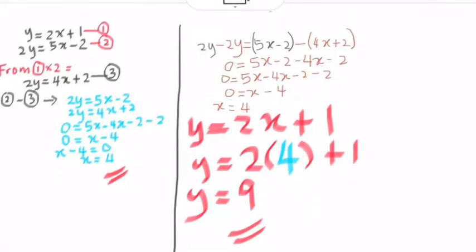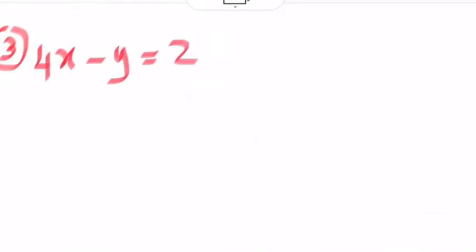But in some cases you have to plus. Let's see, when do we have to do the addition in order to eliminate the variable? For example, this is example number 3. If we have, let's say, 4x minus y equals to 2, x plus y equals to 15.